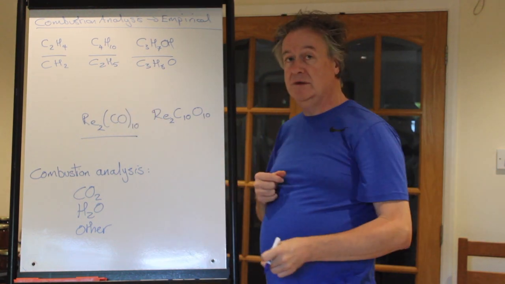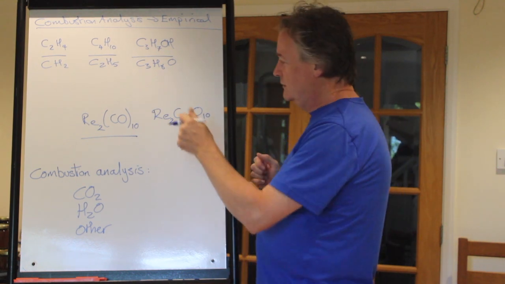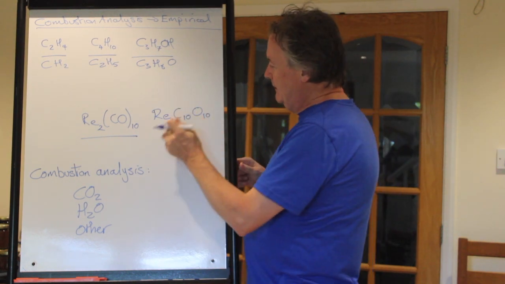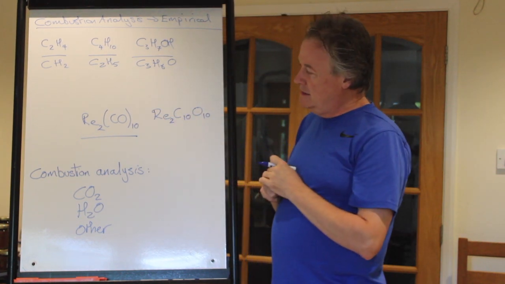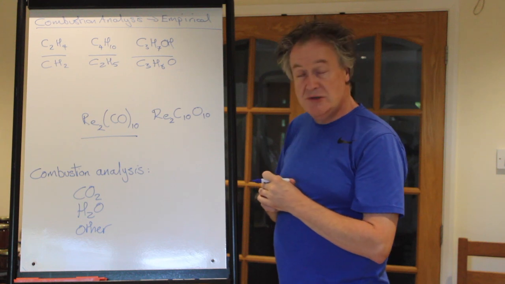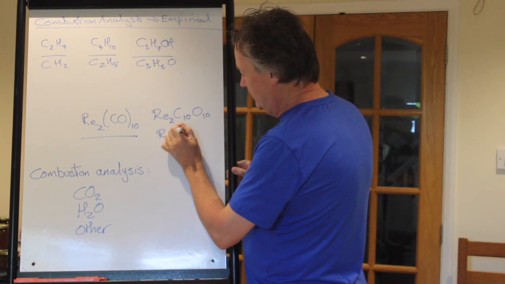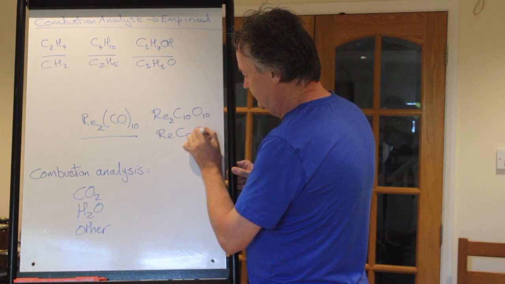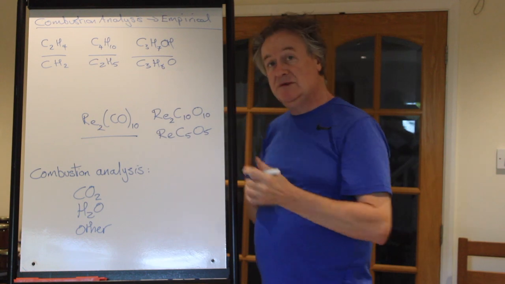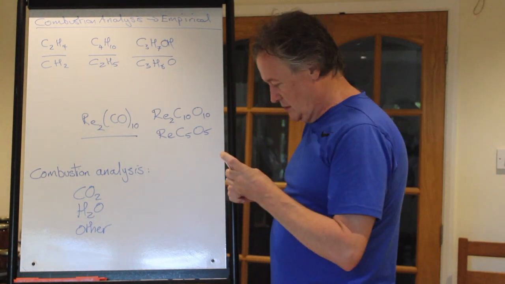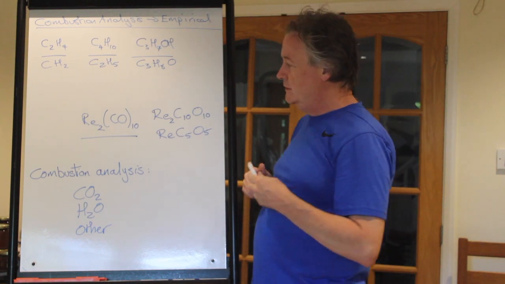We can mention that in year 13 if you've got a teacher who's happy with that, like me. And then, 10 and 2 both divide by 2, so the empirical formula would therefore be ReC5O5. In terms of its structure, very interesting looking structure. Save that one for university, you're not going to spoil that one if you do chemistry.